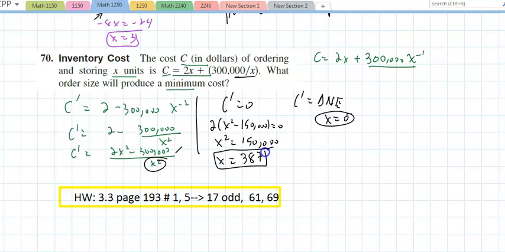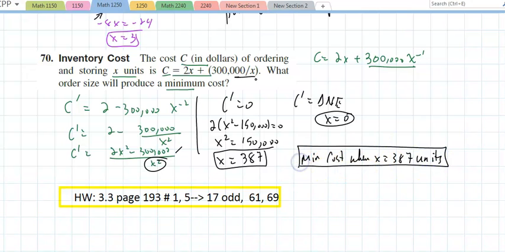So it turns out the minimum cost occurs when x is 387 units. If you order 387 units based on this cost function, you will be minimizing your cost. And the homework is right there, section 3.3, page 193. And that concludes this section.